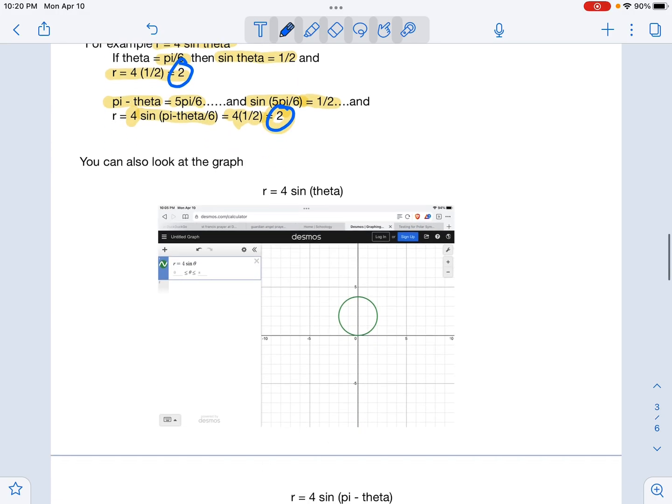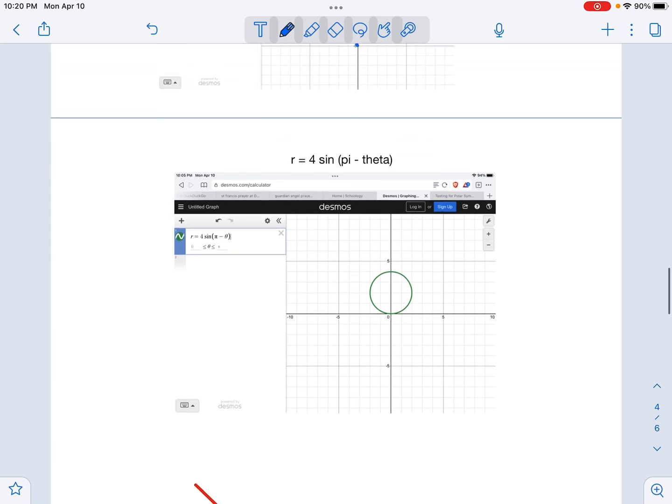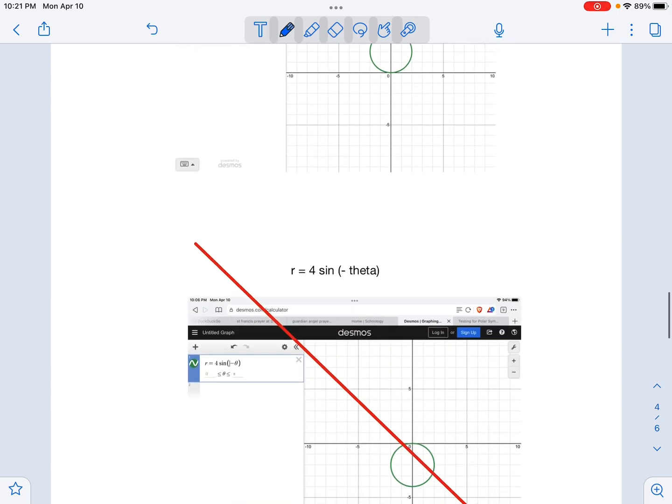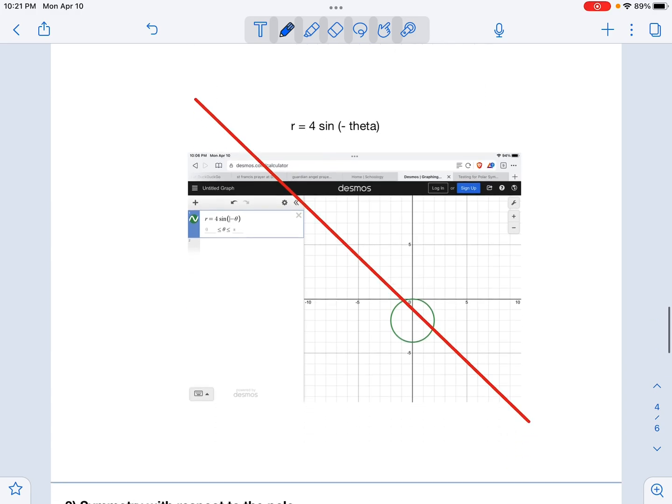You can also look at the graph. Here you can see that this graph, which is 4 sine theta, is symmetric about the pi over 2 line. Here I have 4 sine of pi minus theta, and you can see that this graph is identical to this graph.